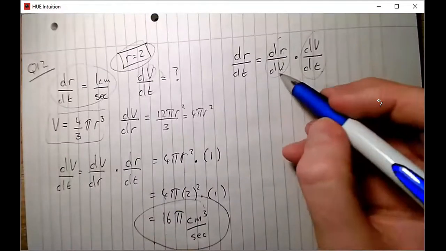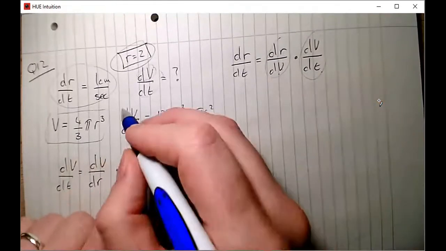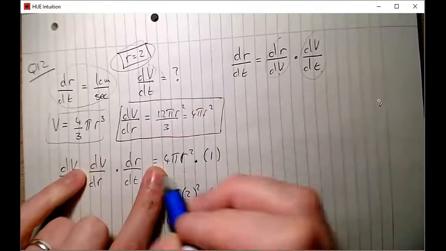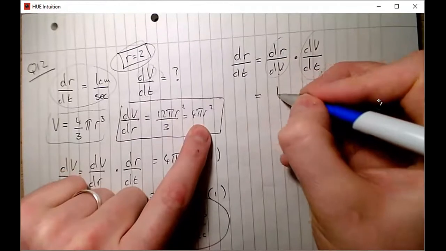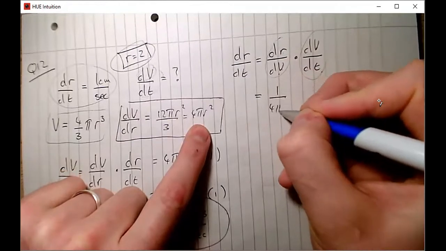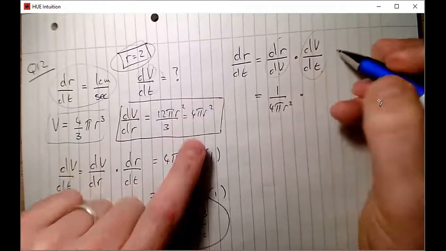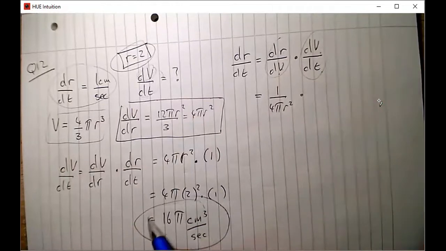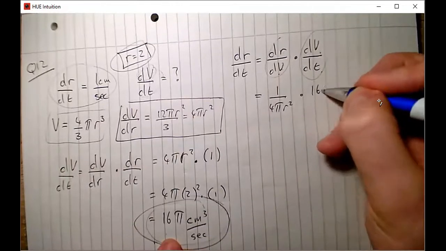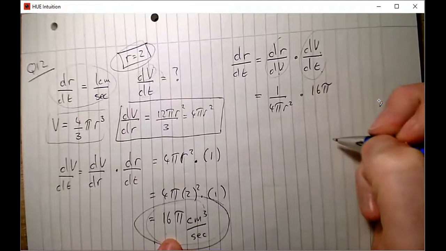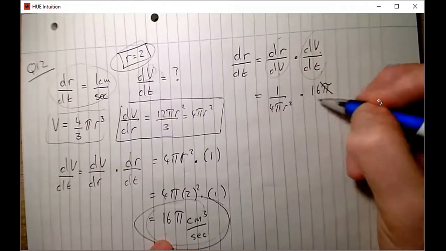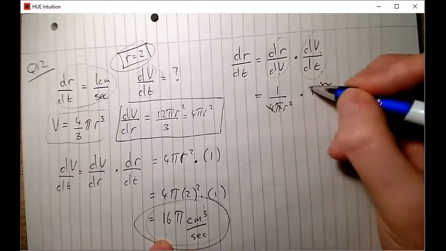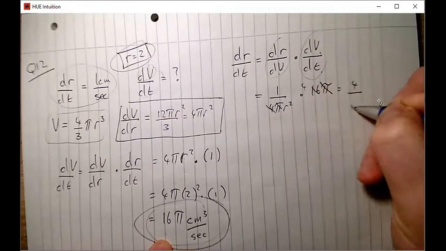So dr/dV, well, we have dV/dr. So dr/dV is just 1 over that. It's going to be 1 over 4 pi r squared. dV/dt, we know from down here, is 16 pi. And so what is our rate of change of radius with respect to time? Let's see, pi cancels, 4 cancels, and we're left with 4 over r squared.